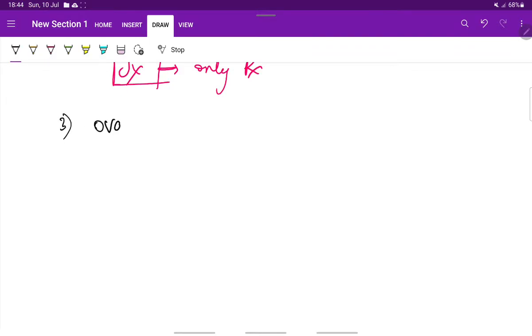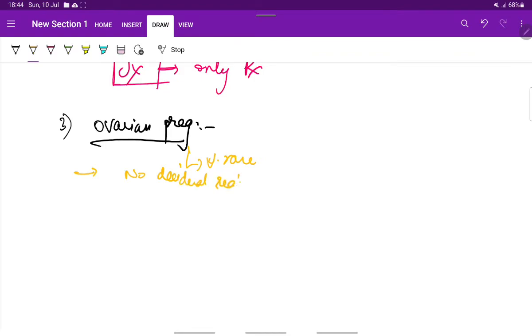So next is the ovarian pregnancy. The ovarian pregnancy is very rare, and here there is no decidual reaction in the uterus.